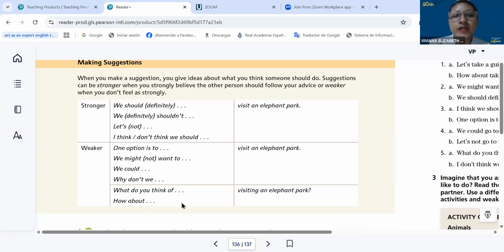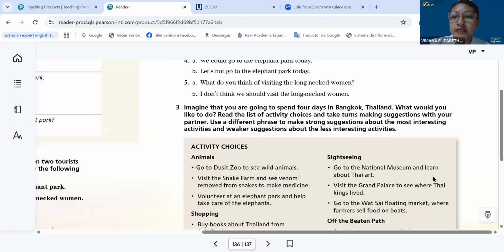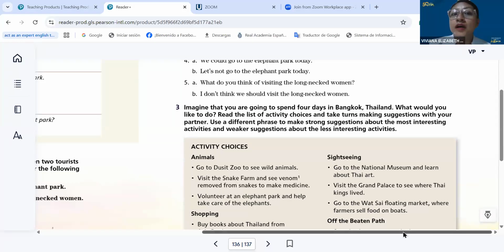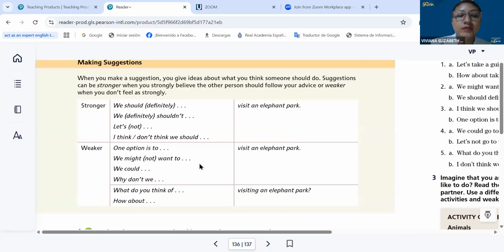What do you think of? How about? Use any of them. For example, you can say, we should definitely go to the National Museum and learn about Thai art. Another visit, go to the floating. But you are not using any of the modals or phrases for making suggestions. Which one do you want to use?